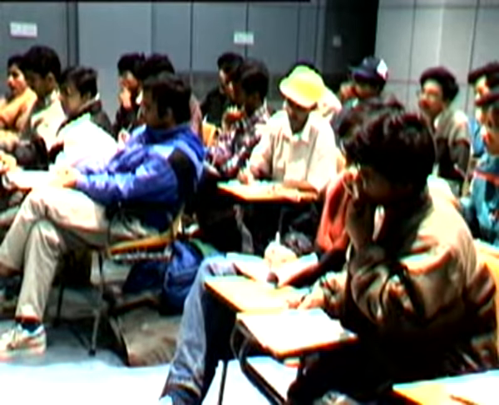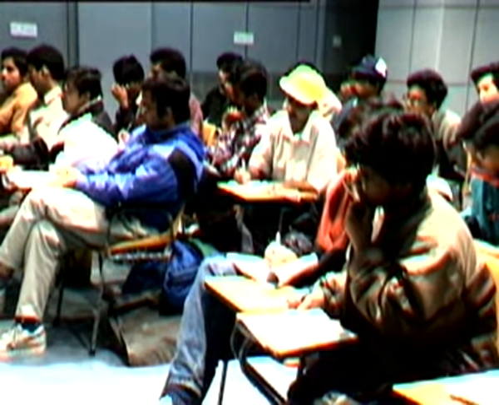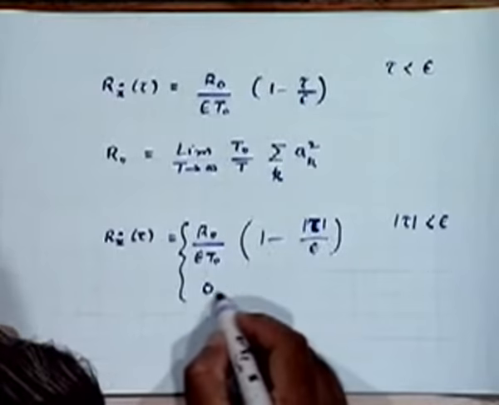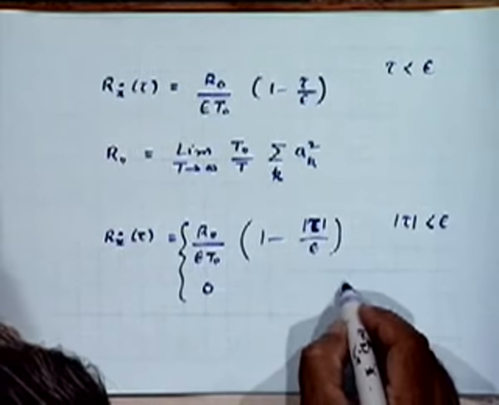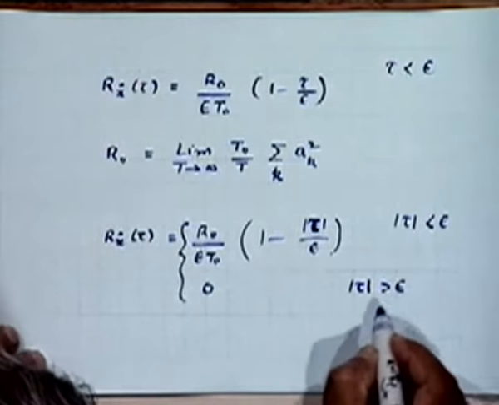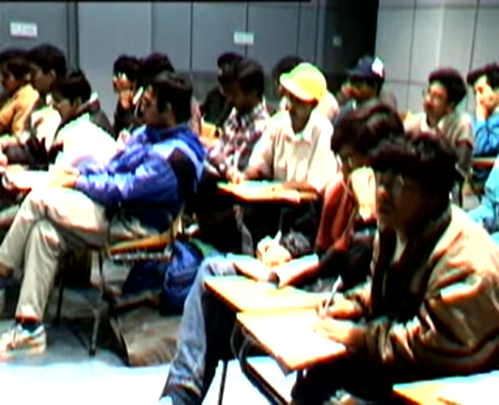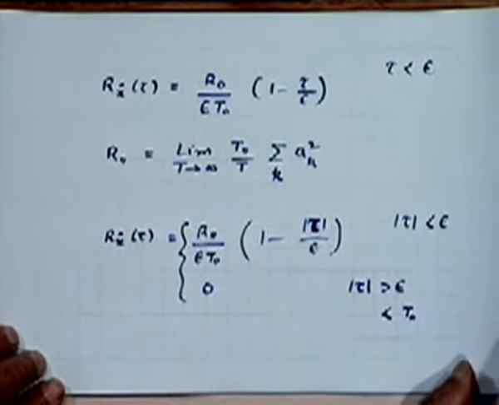Then overlap with the next one will start, up to T naught. So we'll say that this is not really a complete expression. This is for magnitude of tau less than epsilon, and 0 for magnitude of tau greater than epsilon but less than T naught, and so on. We'll try to appreciate it more and more as we go along. So is this fine?